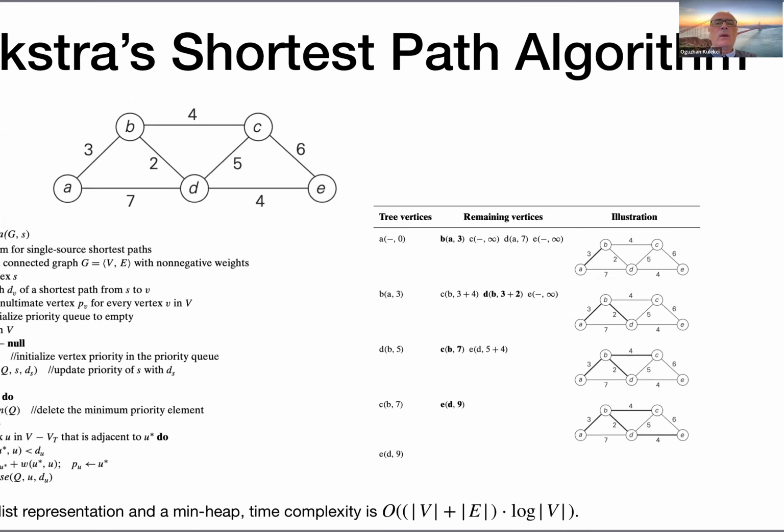Okay, initially everything is infinity other than A. You start with A. Okay, so from A, you take the minimum one, BA3, so this one is your minimum path from A to B. And then what you have here is D, you update the corresponding values and then you choose. Okay, so this one is your next value.